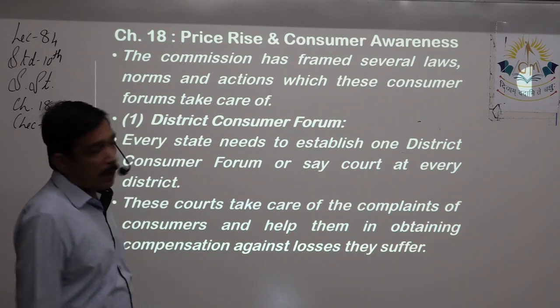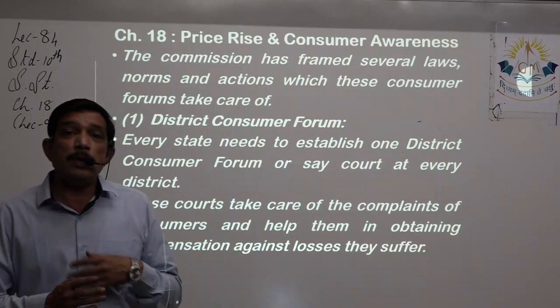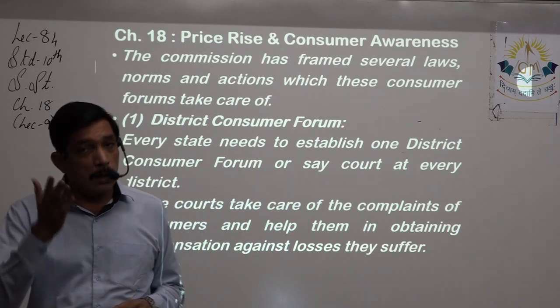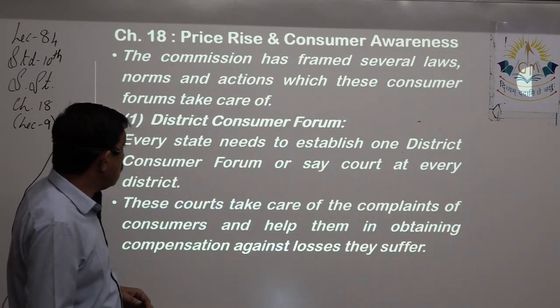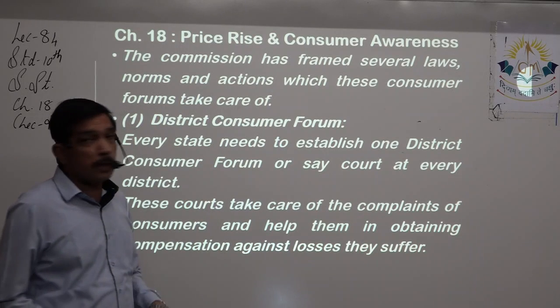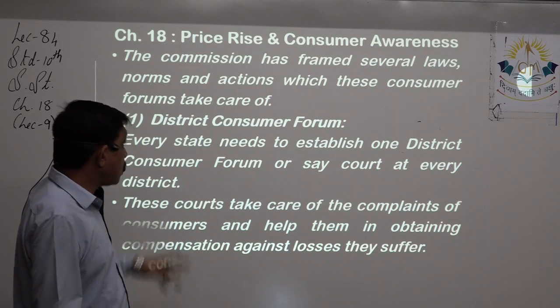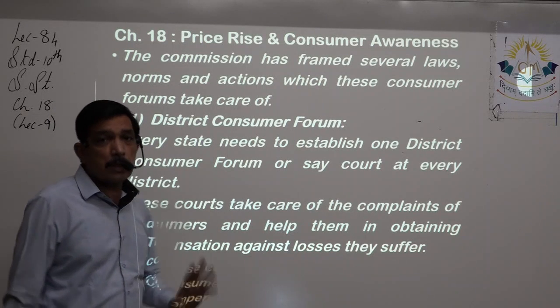Now, the first one we come to is the district forum. We will be discussing the main points; all the points are given in detail in the material. Every state needs to establish one district forum, or say a court, at each and every district.